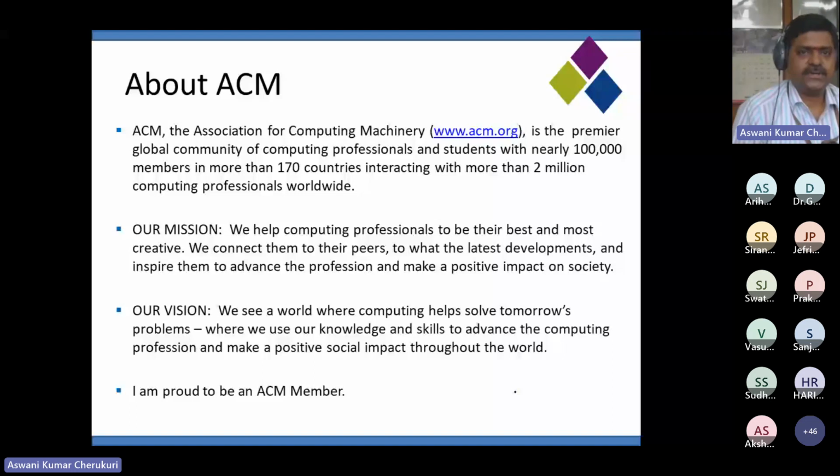We have about 1 lakh members spread across 170 countries, and we are interacting with 2 million computing professionals across the globe. So we have a clear-cut mission and vision, and I'm happy and proud to be an ACM member.